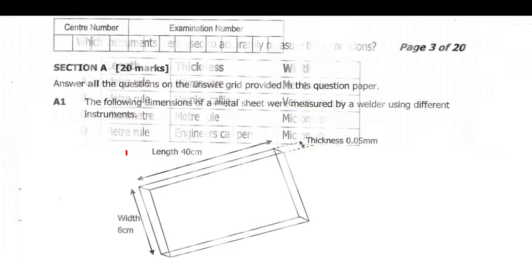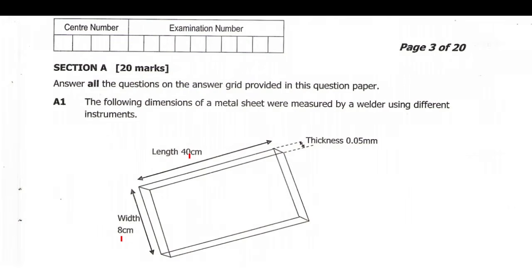So here, what they're saying is length. What was used to measure length here, which is about 40 centimeters? Actually, we use a large measuring instrument to measure such a length, which is about 40 centimeters. And here we are told the thickness of this metal sheet is 0.05 millimeters.